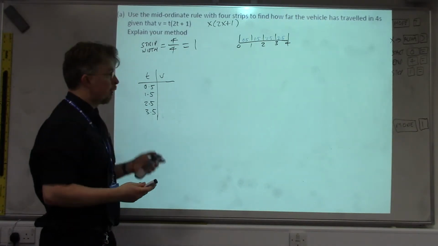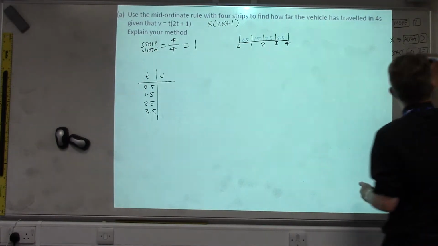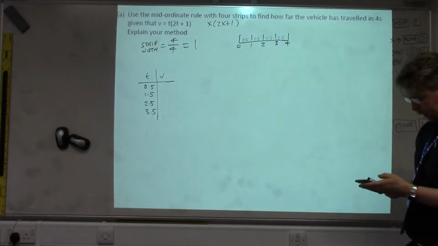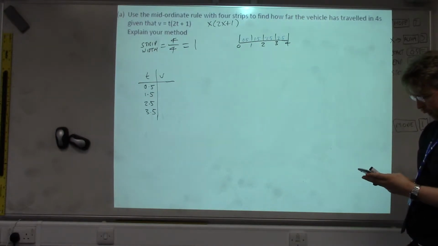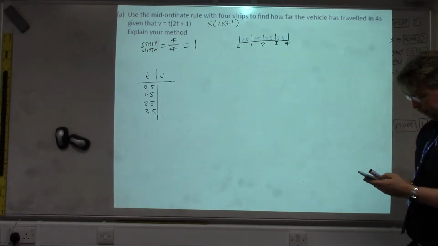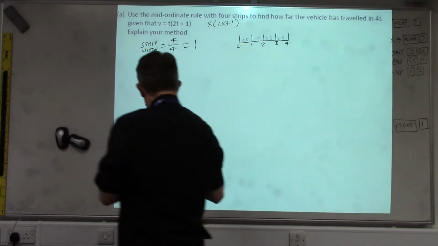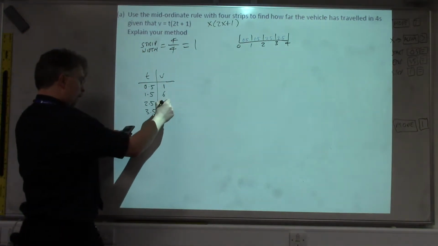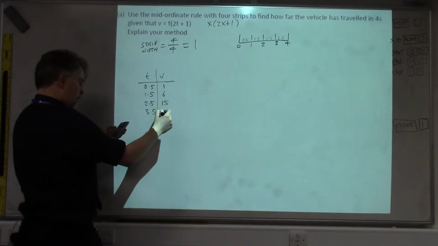Start: we're starting at 0.5, and the table ends at 3.5, and the steps are going up in ones. So completing the table: 1, 6, 15, 28.